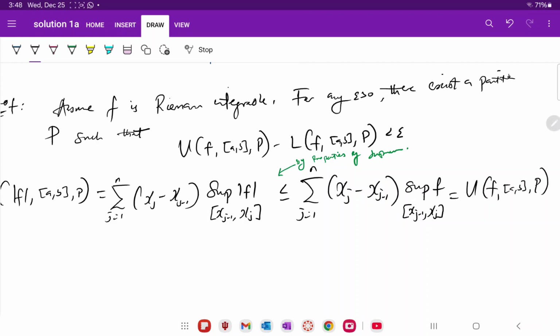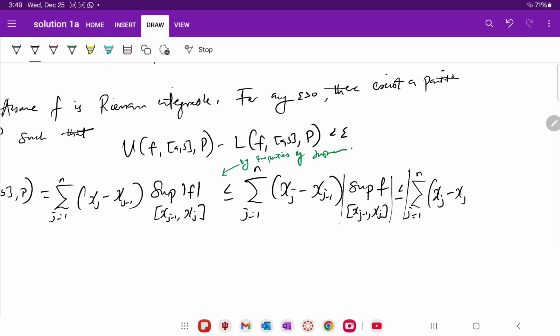We can still extend this part with the modulus. If we extend this part, then we can still extend this to be less than the summation from j equals 1 to n of s_j minus s_{j-1}, and this difference of our subintervals is always positive.